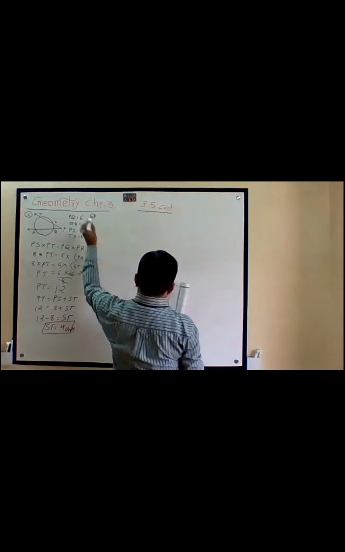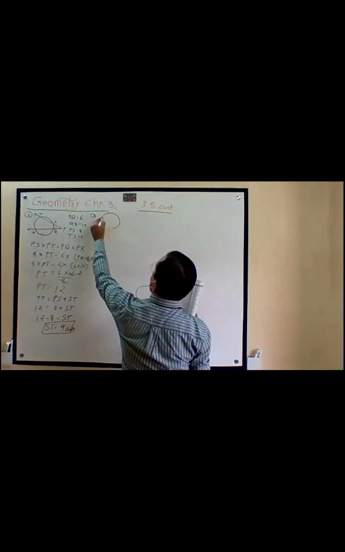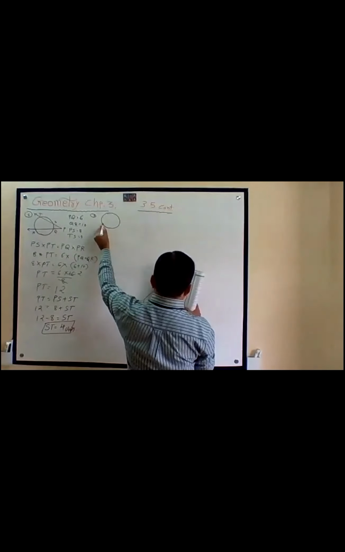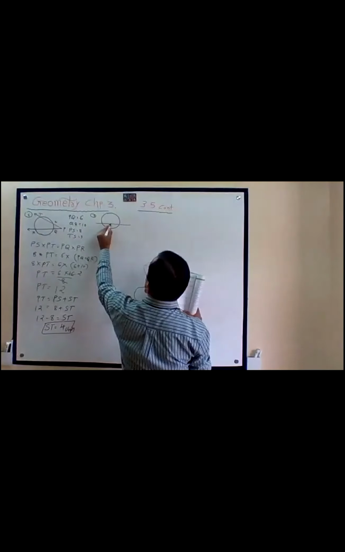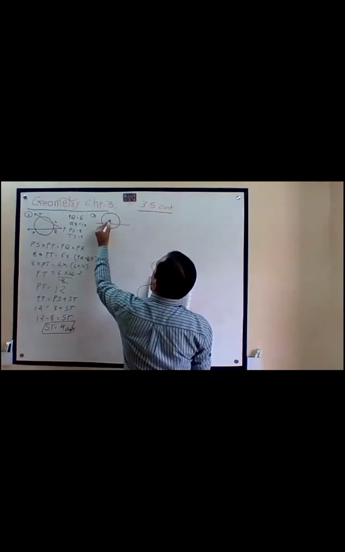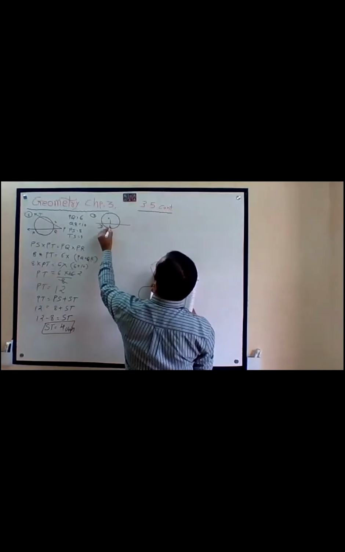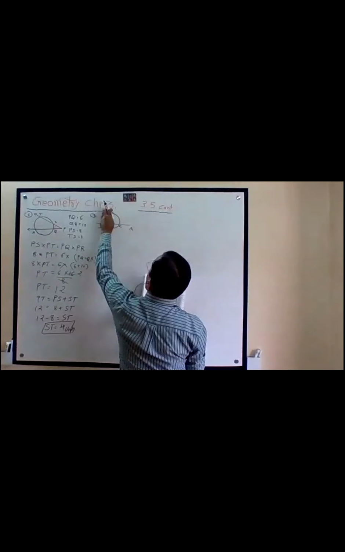Then third one. Now I am taking that. O, D, E, C, A. This is a tangent.